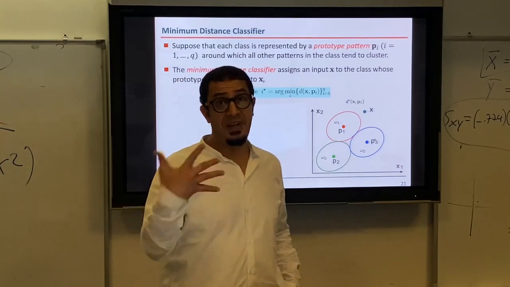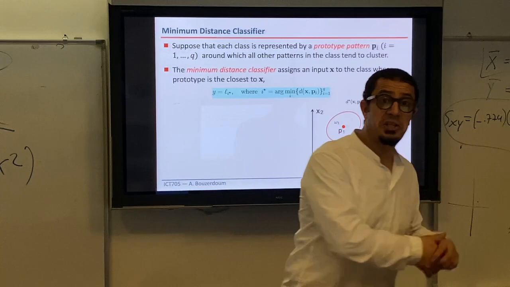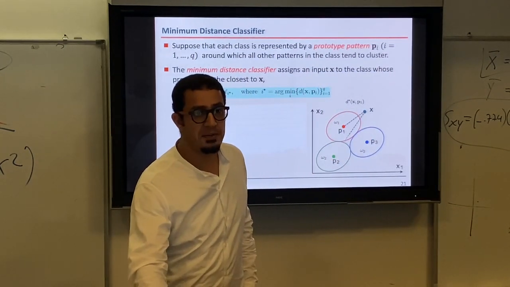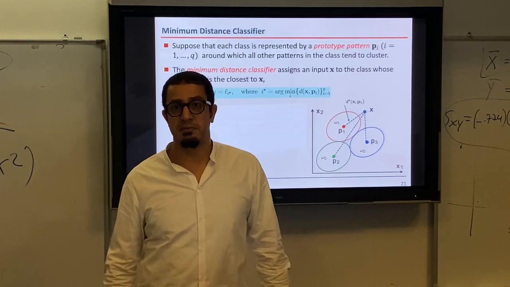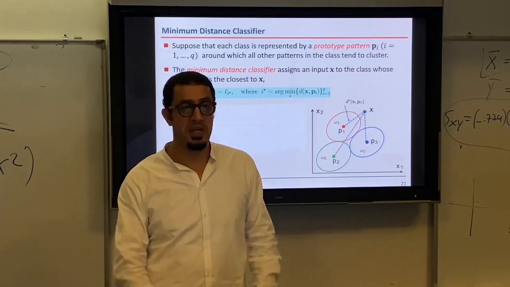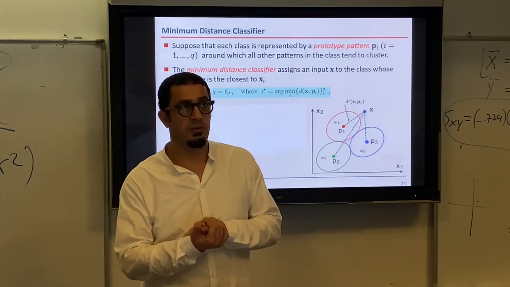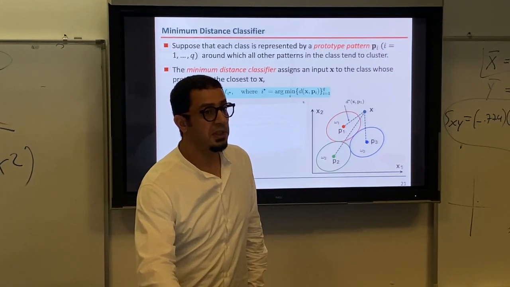The advantage of this technique is that I don't need to memorize all the classes; just one value is enough. Then we calculate the distance. The closest to me is my class. So the class whose mean is closest to X is the class we assign to it. Clear? So here, it is just the minimum distance.